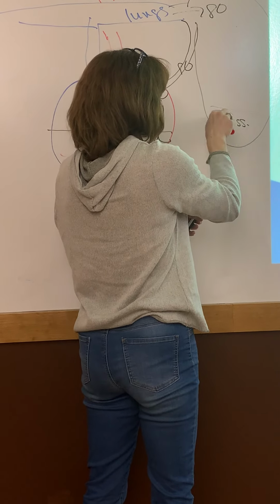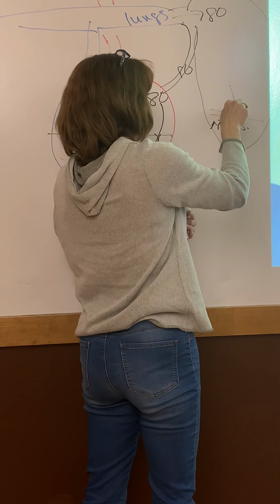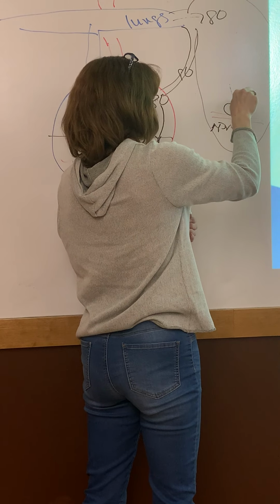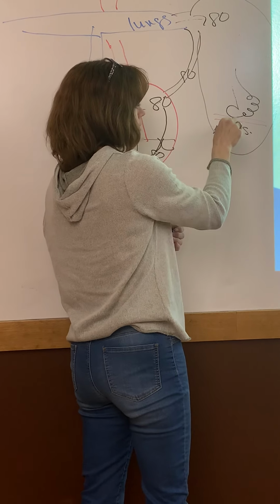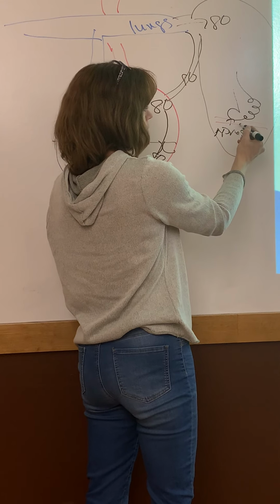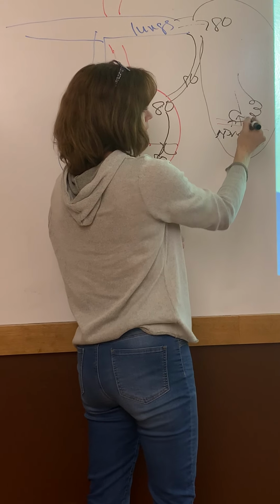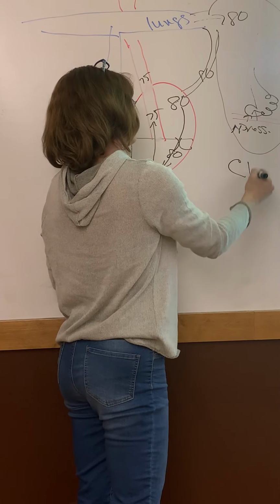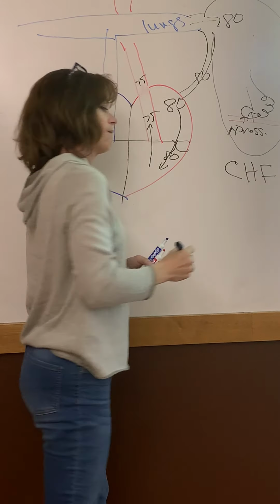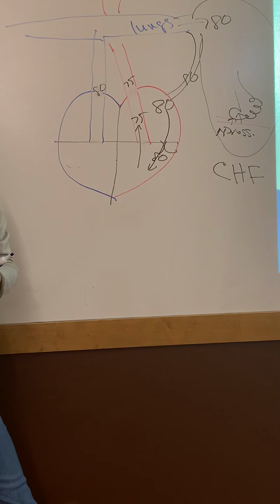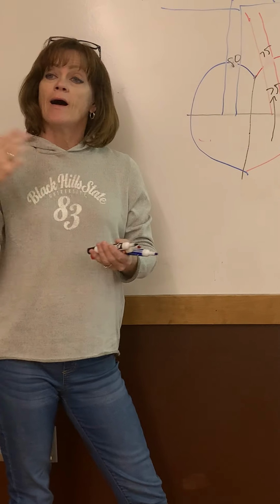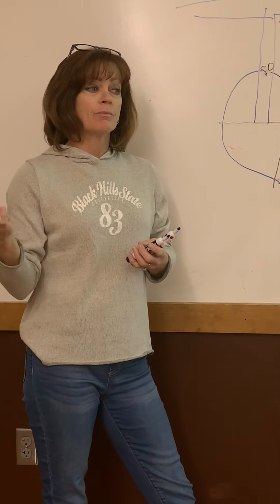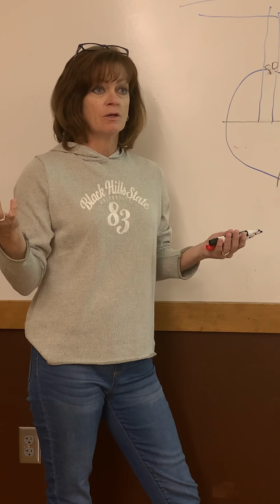My little vessels that surround my air sacs are under high pressure. And guess what happens to that fluid? It fills my air sacs, and what do I have? Congestive heart failure.